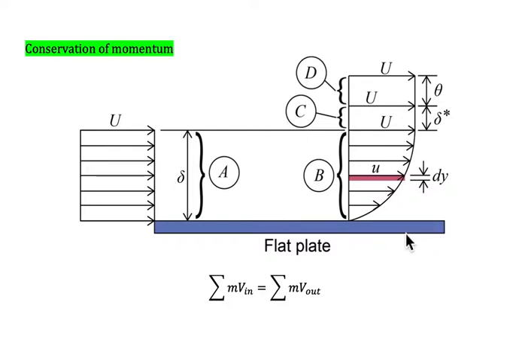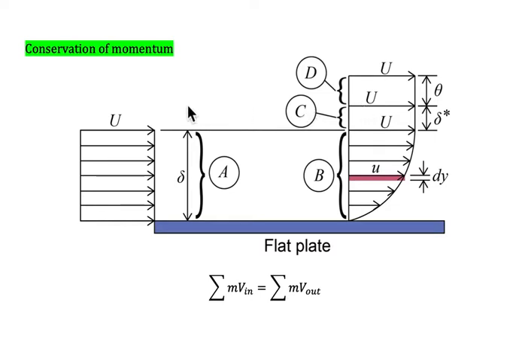We have a thin flat plate here, and then we have free stream velocity, capital U. Once this velocity hits the flat plate, the no slip condition occurs and it will create a velocity distribution. Previously we already increased its thickness here to fulfill the conservation of mass. Now we need to increase another thickness here to make sure our calculation will fulfill the conservation of momentum.